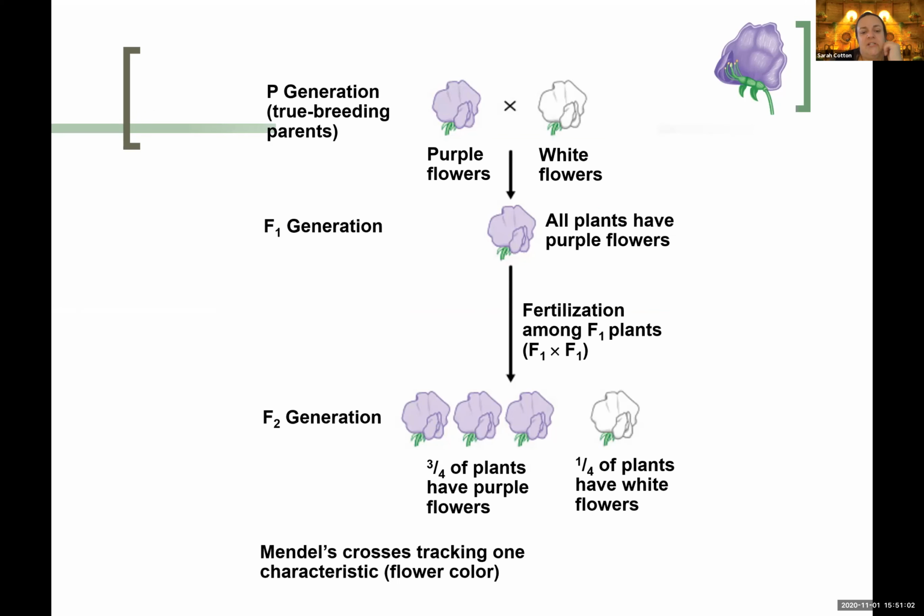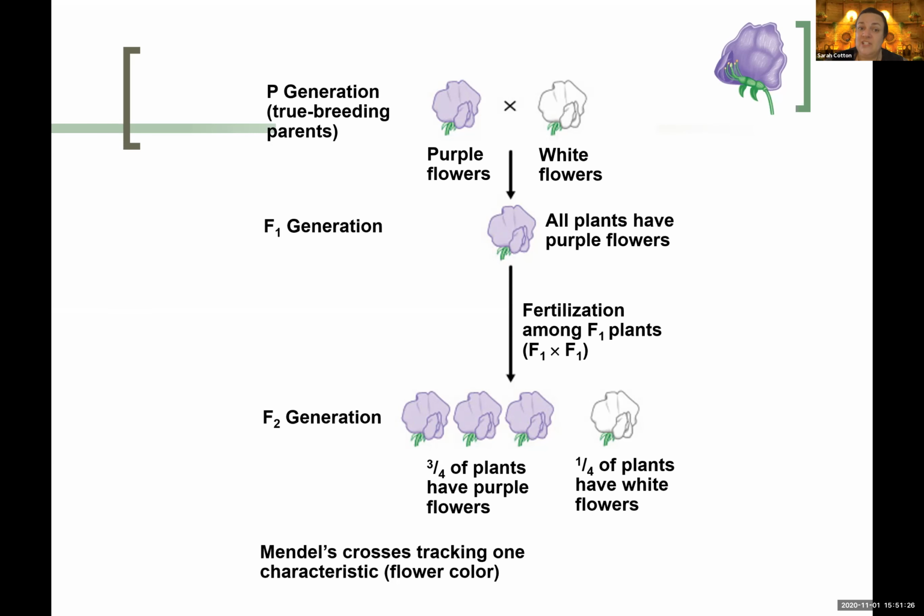What we're looking at here is basically a progression of inheritance in flower color. Okay. So when we talk about genetics, and we don't do this a lot in this class, but just so you're aware of the terminology in case you run into it.